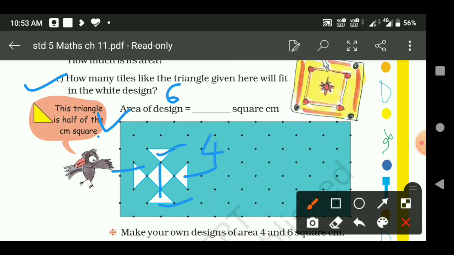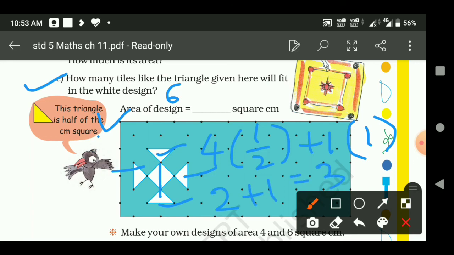So 4 half triangle will make 2 square centimeter. Here 1 full square is given, so 1. So 2 2s are 4. 2 plus 1 is equal to 3. So here answer is area of design is equal to 3 square centimeter.